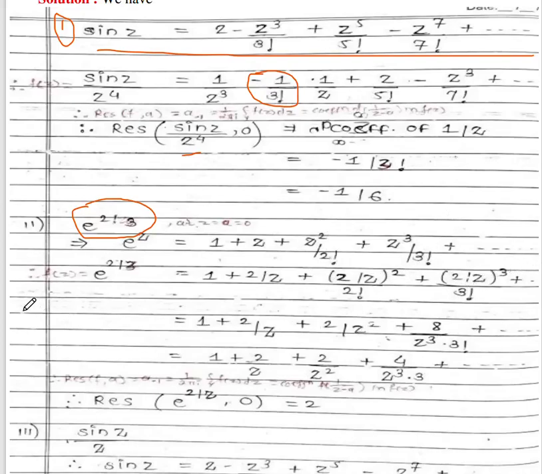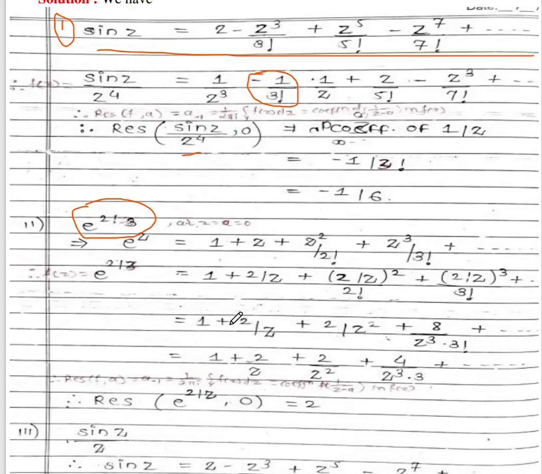Now instead of z we put 2 upon z. Therefore we get 1 plus 2 by z plus (2 by z) square upon 2 factorial plus (2 by z) cube upon 3 factorial plus and so on.